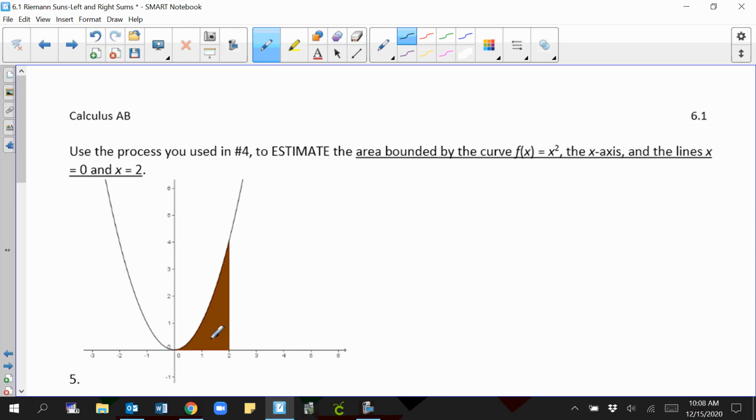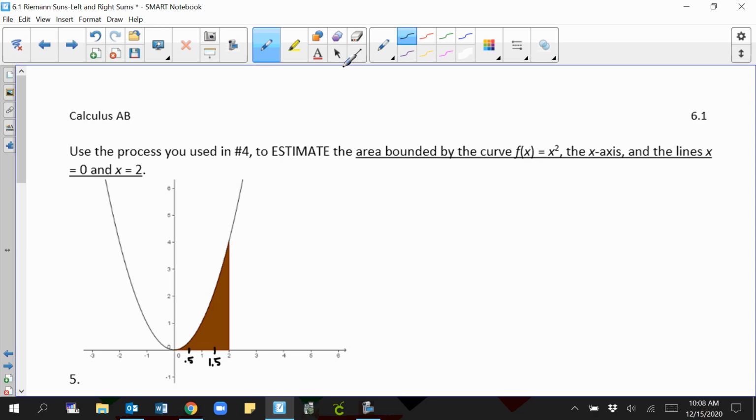When I do this, I am going to create a bunch of rectangles to figure out what that area is going to be. And the more rectangles we have, the more accurate it's going to be. So I'm going to do 4 rectangles here, and I'm going to use my 0.5 and my 1.5.